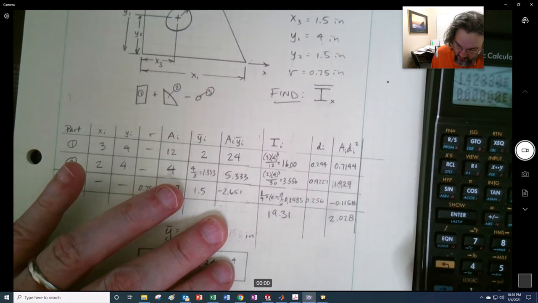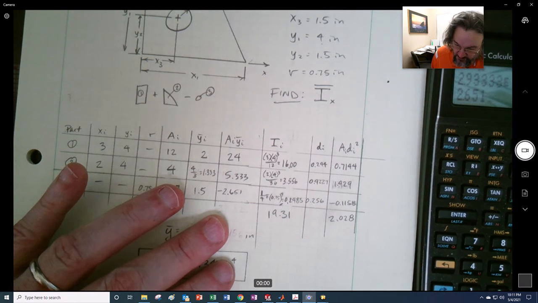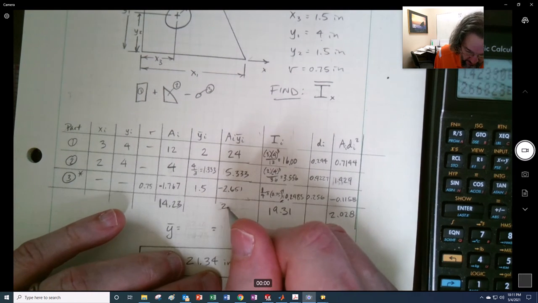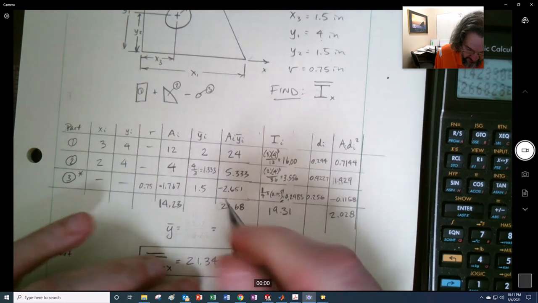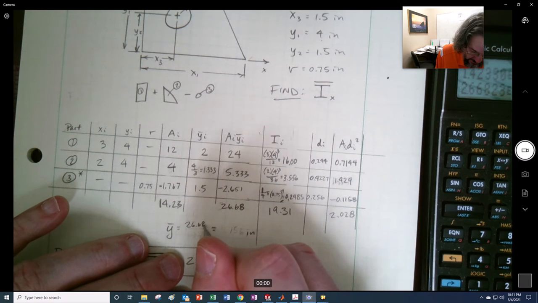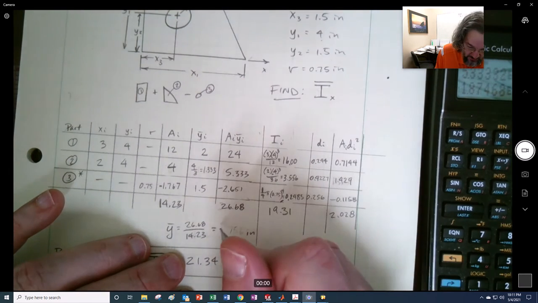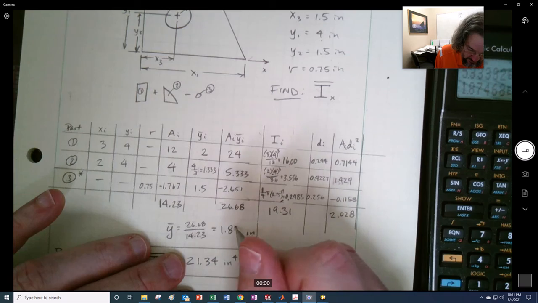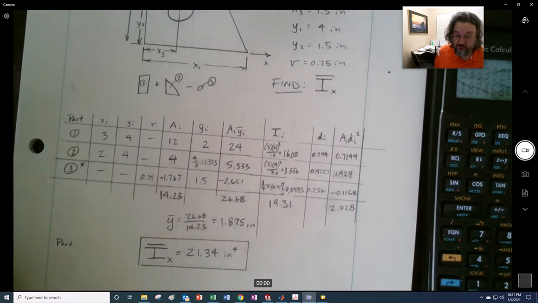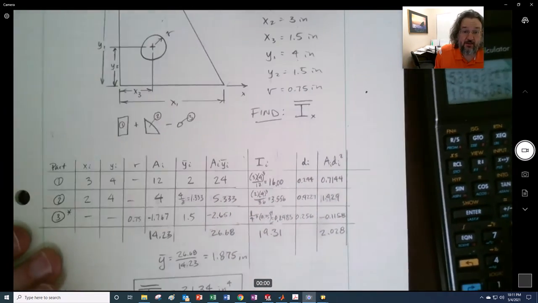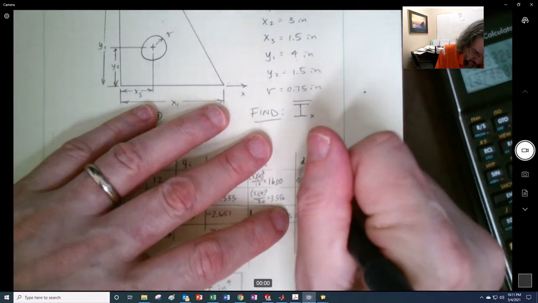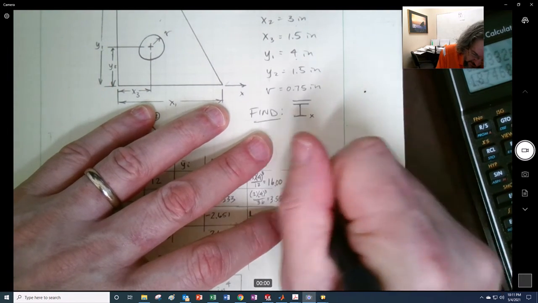I just multiplied them. 2.651, subtract it out, and we get 26.68. 26.68 divided by 14.23. Flip them, divide. We get 1.875 or thereabouts. Okay.